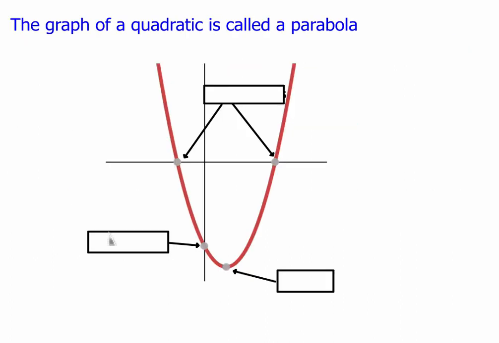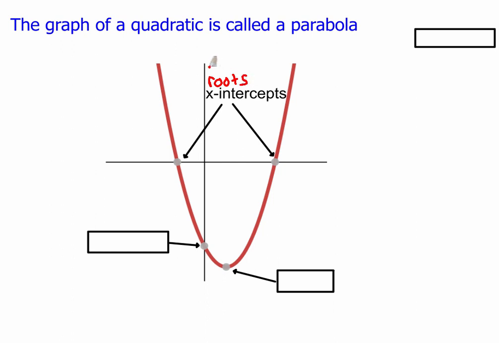This is the graph of a quadratic equation, and we call the graph a parabola. That's this U shape. We're going to talk about some characteristics of this. First, these two points where the graph crosses the x-axis are the x-intercepts. The x-intercepts also go by different names. Sometimes they'll be called the roots.